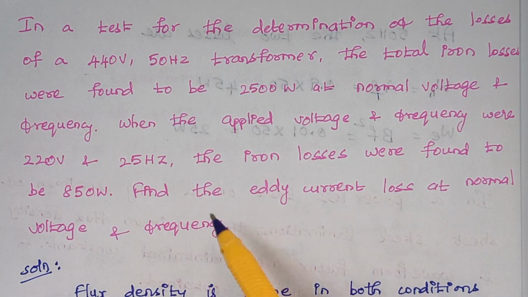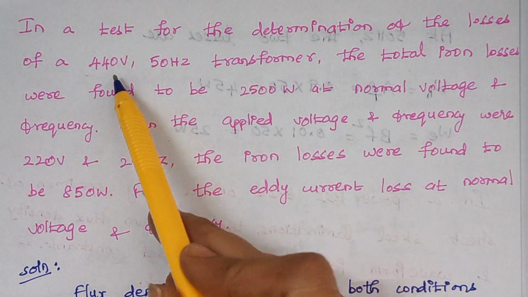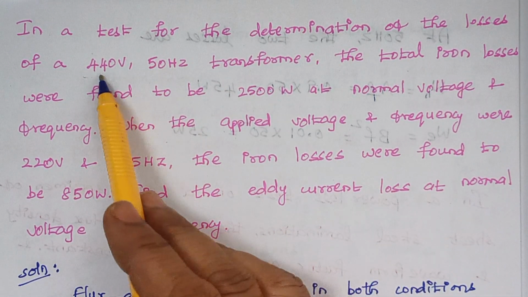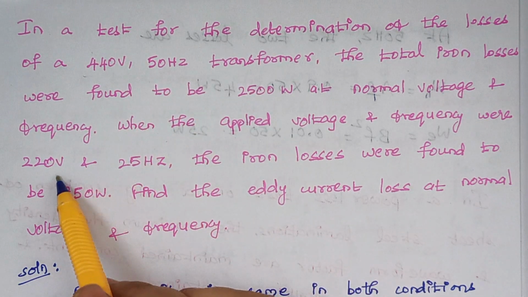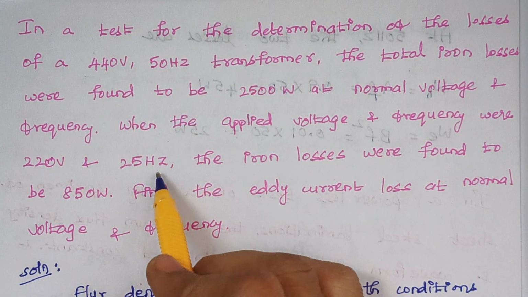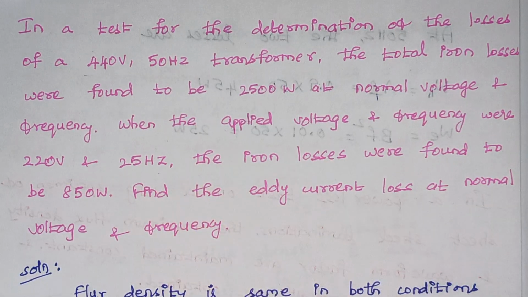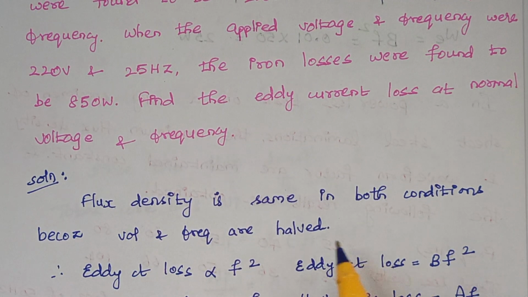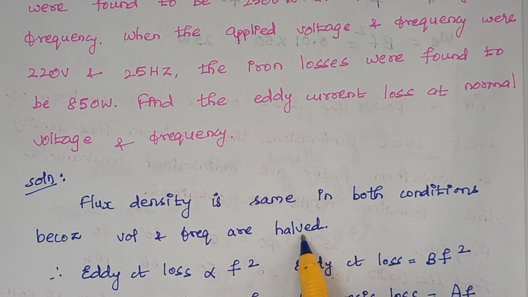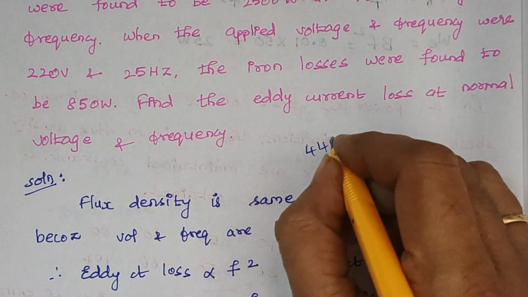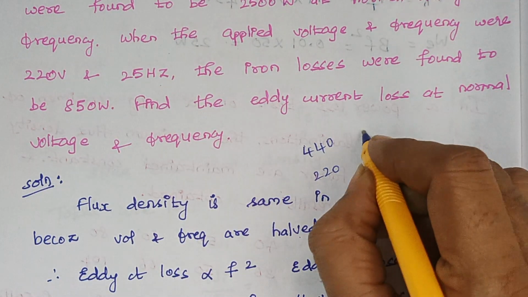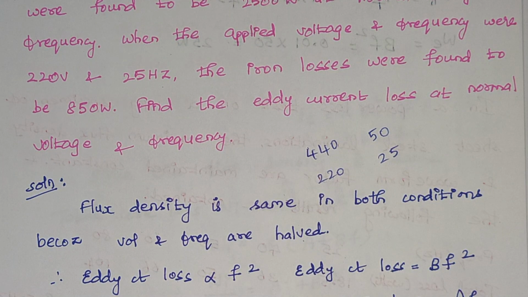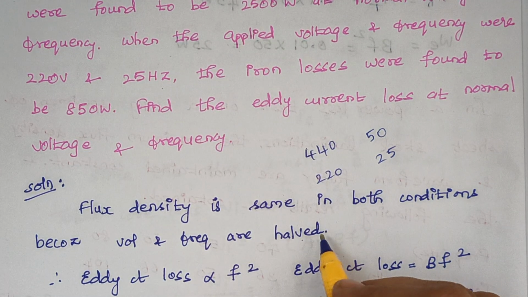When you look carefully, here it is 440 and 50, and in the second case, it is just reduced to half: 220 and 50 by 2, which is 25 Hertz. So the flux density remains the same in both conditions because voltage and frequency are exactly halved. First case it is 440 and second case 220, and first case the frequency is 50 and second case 25. So again the flux density is constant.